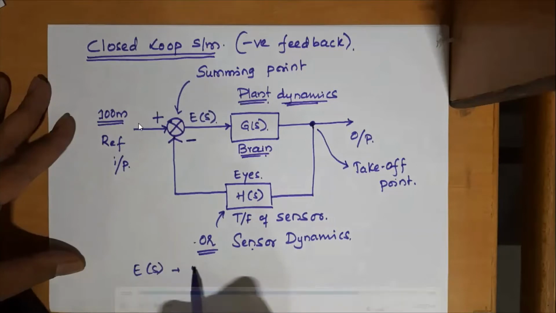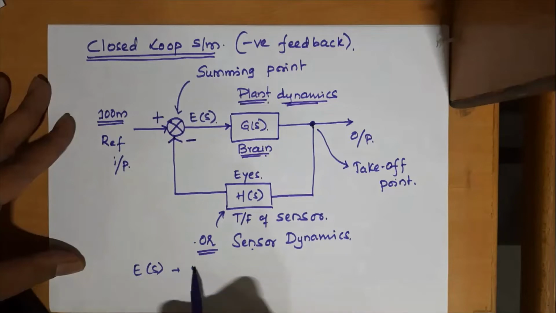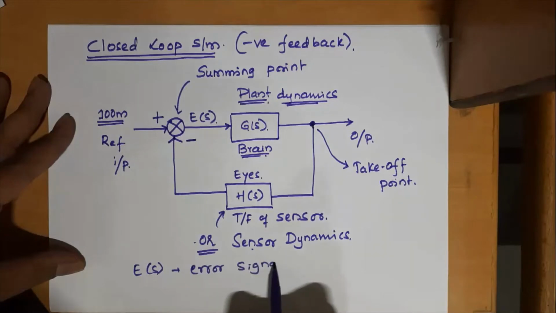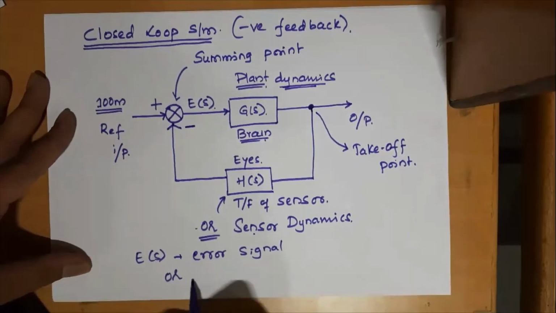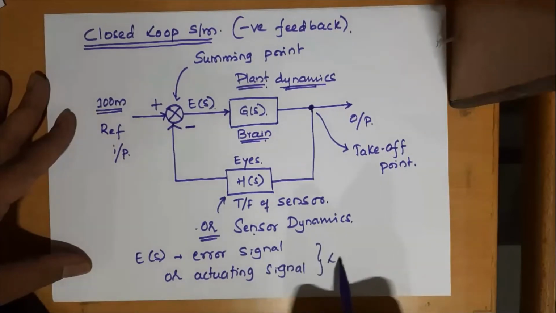So the reference data is given, the feedback is taken, and the mathematics goes on at this point, and a signal E(t) or E(s) is represented here, and it is termed the error signal, or sometimes it is called the actuating signal. Okay, actuating signal in the Laplace transform.